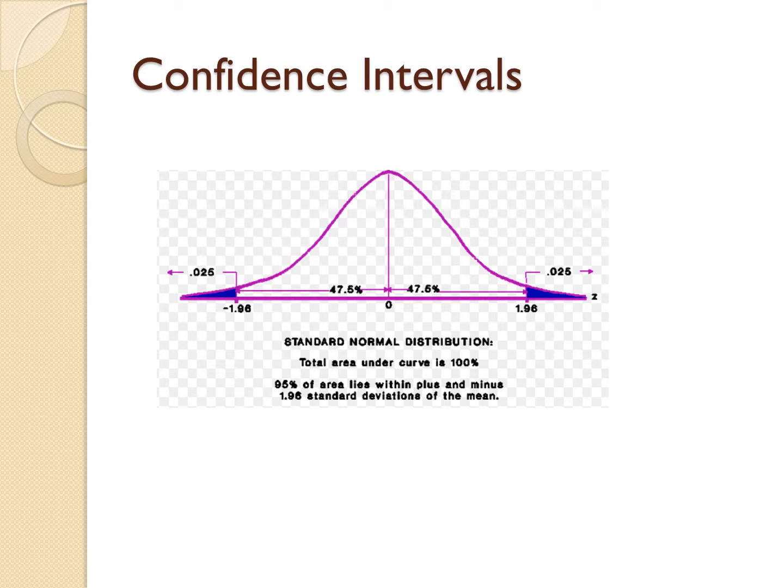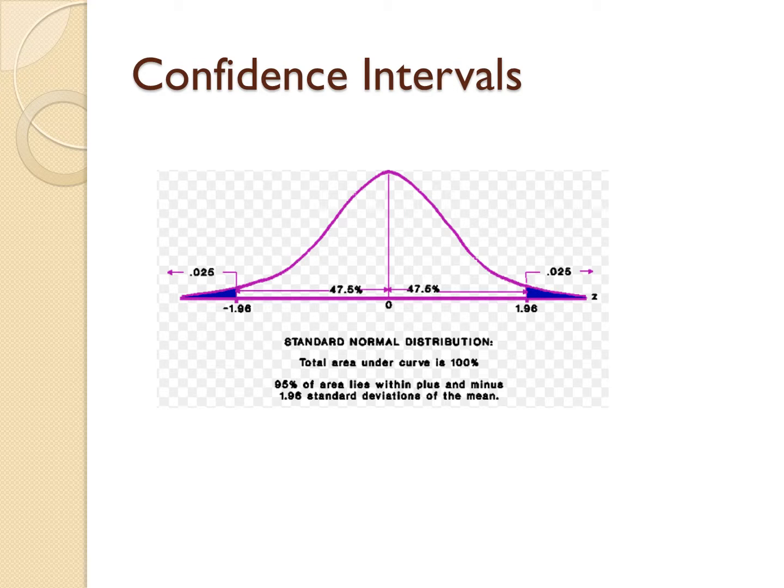Suppose we obtain a simple random sample from a population. Provided that the population is normally distributed or the sample size is large, the distribution of the sample mean would be normal with a certain mean and standard deviation. Since the sample mean is normally distributed, from last week's lecture, we know that 95% of the sample means should lie within 1.96 standard deviations of the population mean, and 2.5% will lie in each tail.